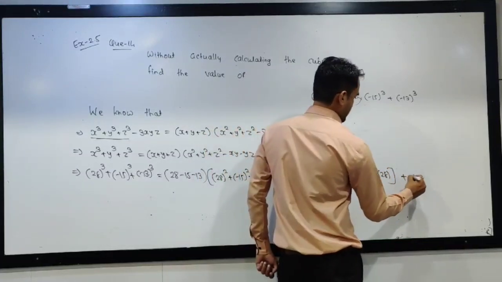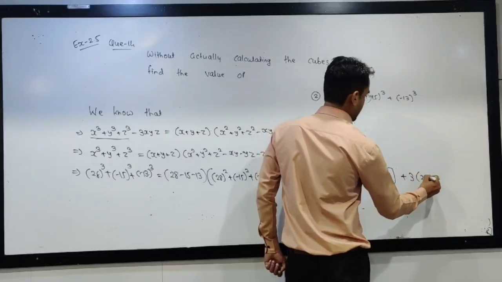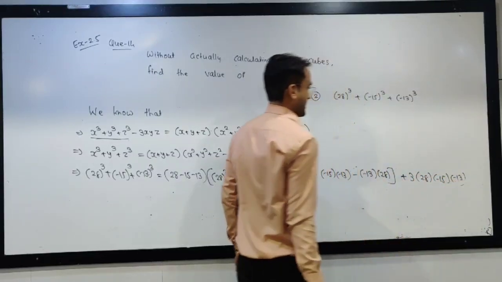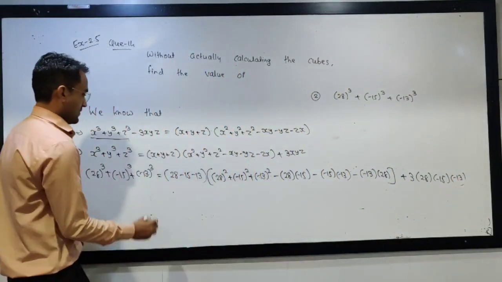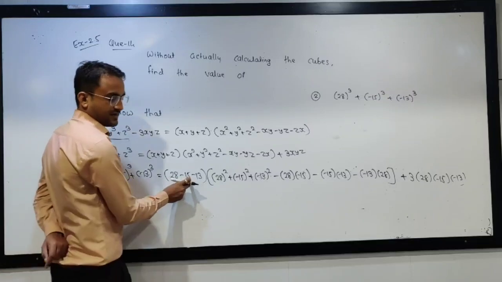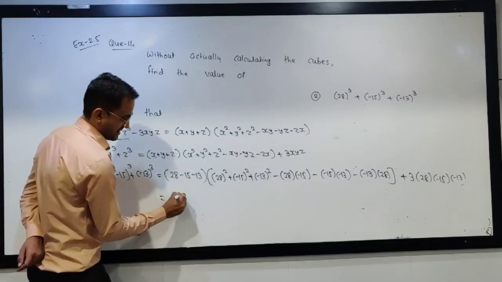Now plus 3xyz. So friends, this one will be 0. See, 28 minus 15, 13, 30 minus 13... 0.